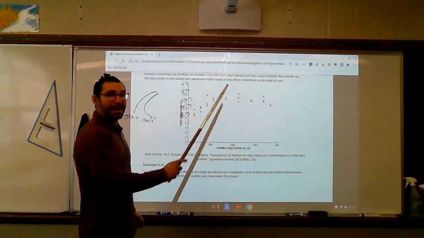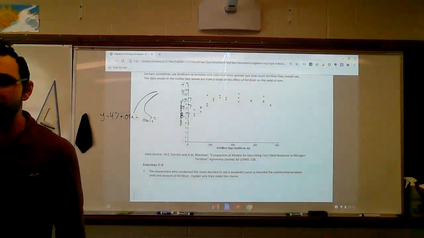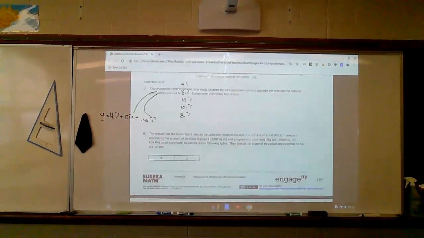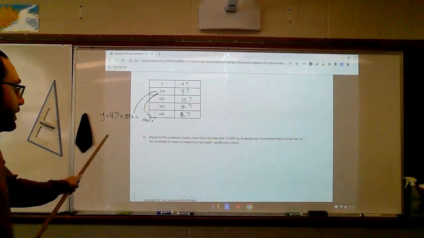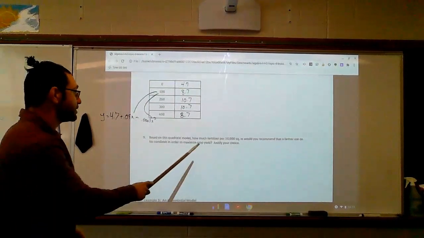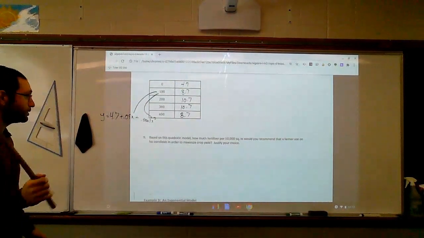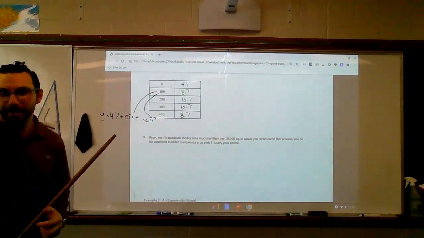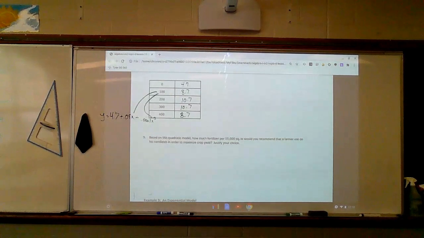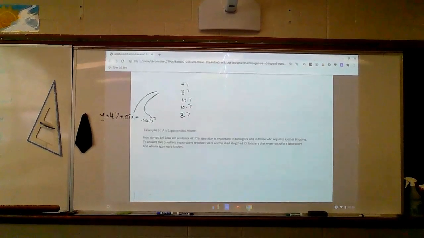This peak is the maximum number of fertilizer kilograms that we want to use. But you need to know how to substitute it in. So based on the quadratic, what would you recommend a farmer use? About 225 kilograms, because that's the peak of that quadratic. Understanding how to work with these is important. Okay? So let's go to the lesson summary real quick.